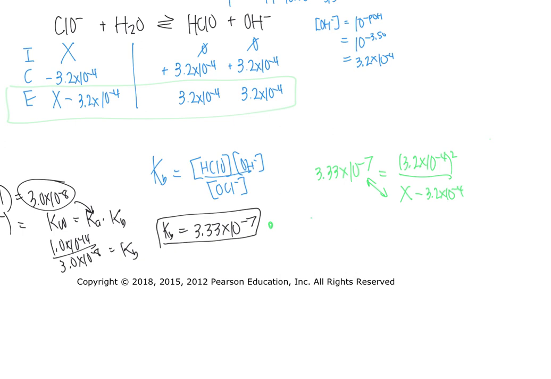So I now get x minus 3.2 times 10 to the negative 4 equals 3.2 times 10 to the negative 4 squared over 3.33 times 10 to the negative 7. And then I can now add 3.2 times 10 to the negative 4 to both sides.